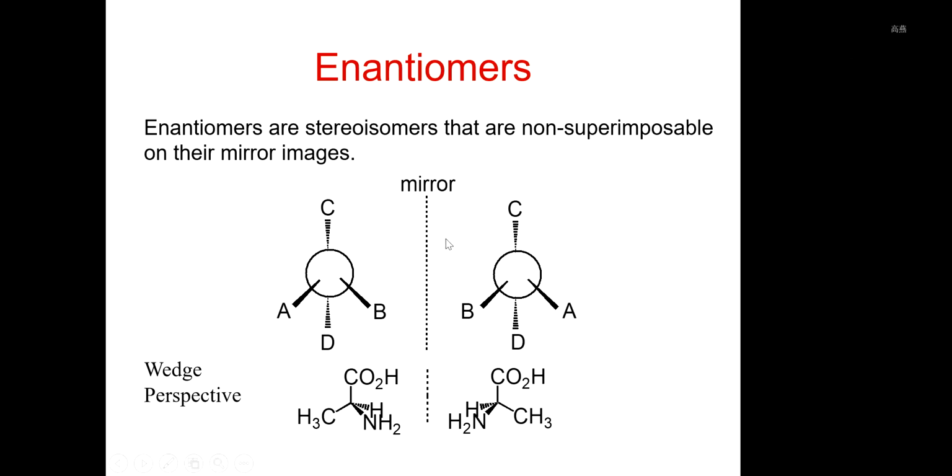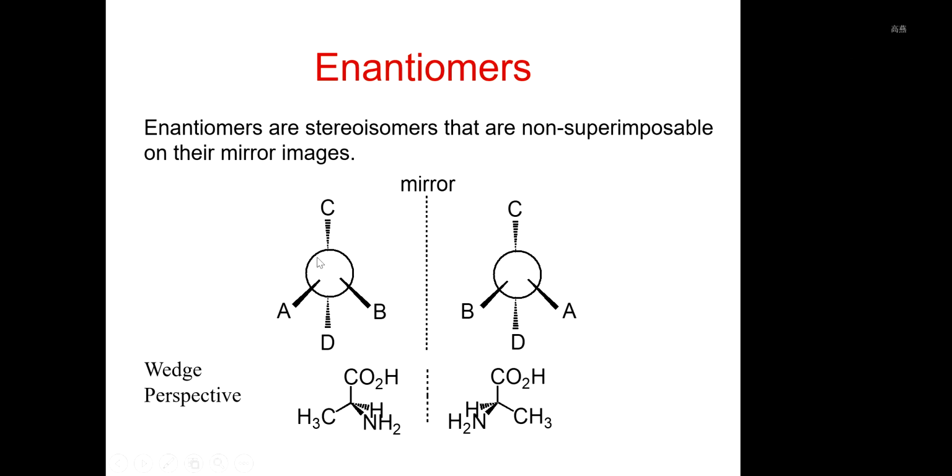Now we imagine there is a mirror here, and the one on the right is the mirror image of the one on the left, right? No matter how you rotate this molecule, it can never be superimposed on its image. It's just like our left hand and right hand, which cannot be superimposed ever, right? So they are called enantiomers.